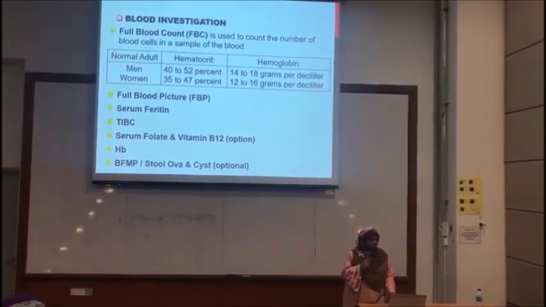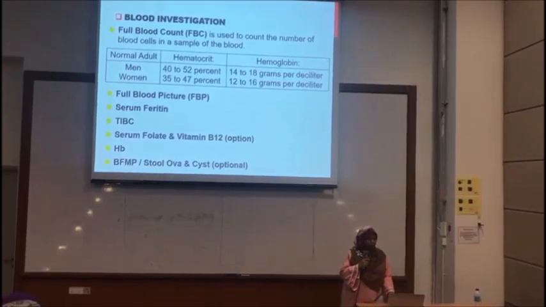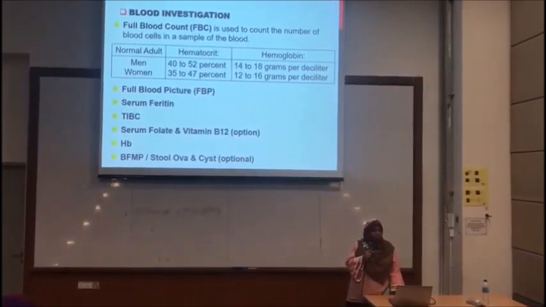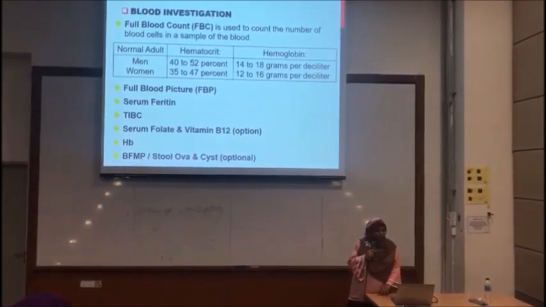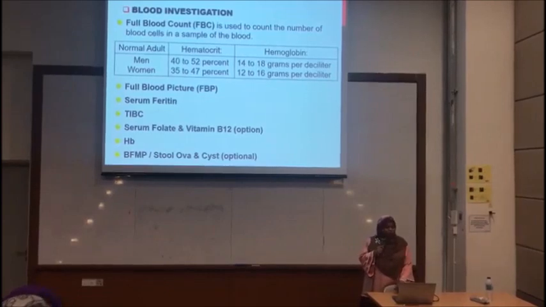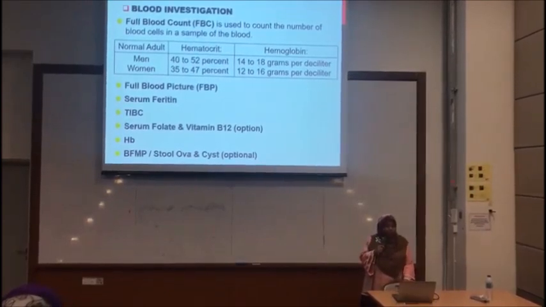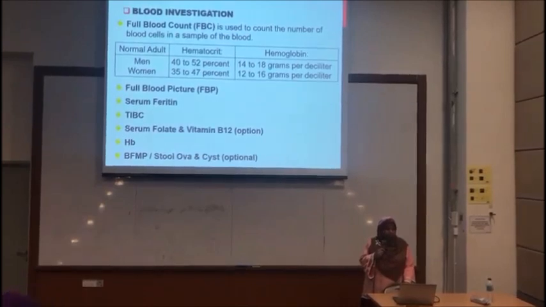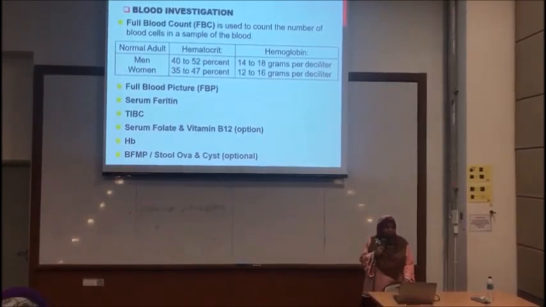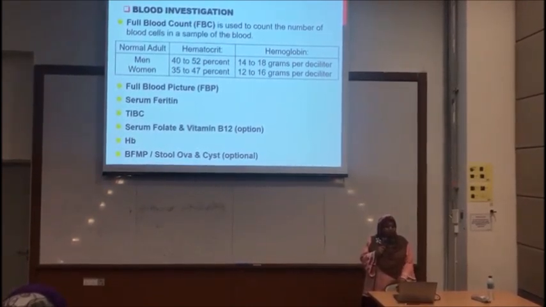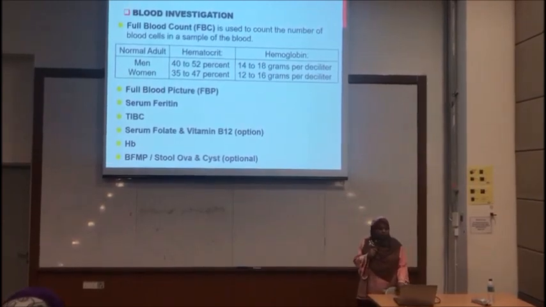For women, hematocrit must be in the range of 35 to 47%, and hemoglobin 12 to 16 grams per deciliter. We will continue with the full blood picture, FBP, serum ferritin, TIBC, serum folate, and vitamin B12 as options of blood investigation. Hemoglobin, BFMP, and stool for ova and cyst are optional investigations.